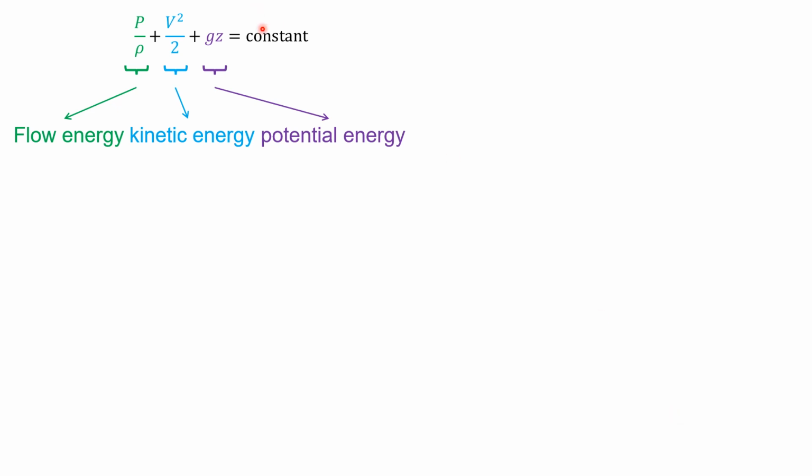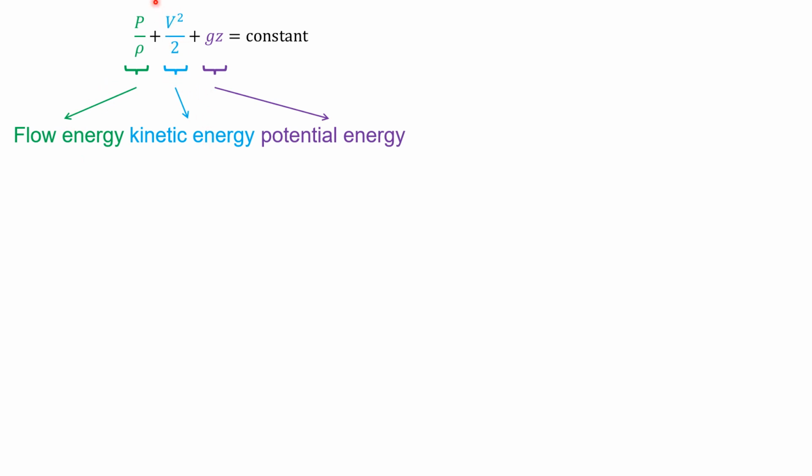Okay, so the Bernoulli's equation can be divided into 3 parts. There are 3 types of energy associated with Bernoulli's equation. The first part is flow energy, pressure over density. Yes, that is what we call flow energy. Then we have kinetic energy.